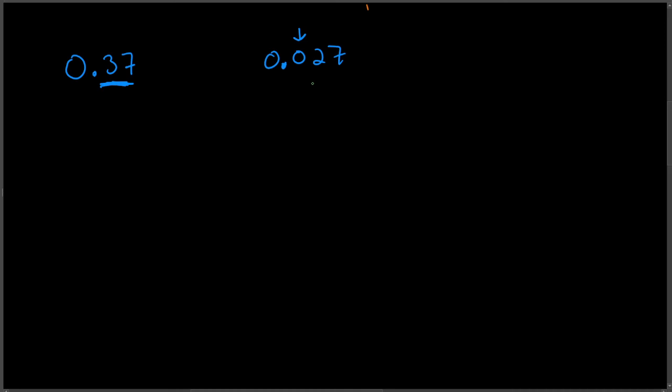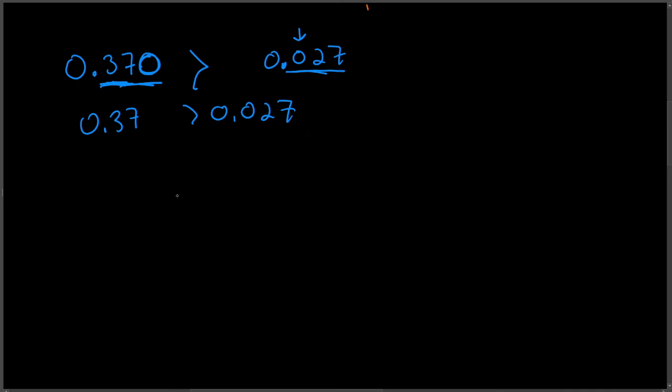And so I could write these with the same number of decimal places. This has 3 decimal places, so I could make this 3 decimal places. Now there's nothing in the thousandths place, so I put nothing there. And so if I compare these, I have 370 thousandths and 27 thousandths. So this is the bigger number. Of course, we don't write those extra zeros. And so we would compare it like this. But we can always expand the smaller number of places to try to match the larger number of places.